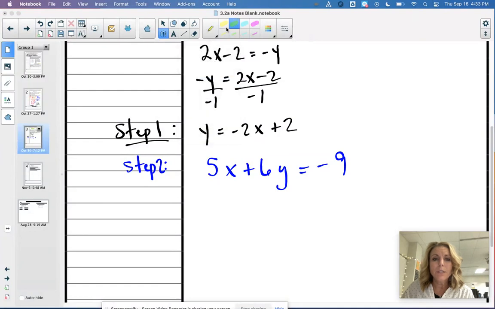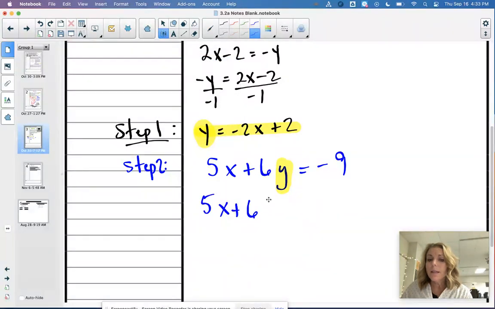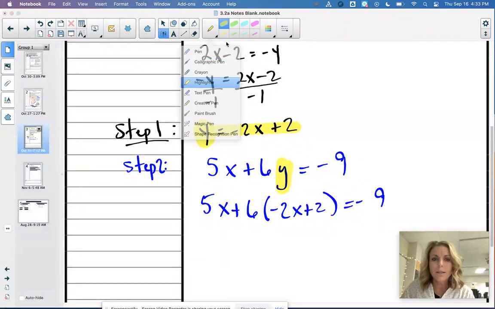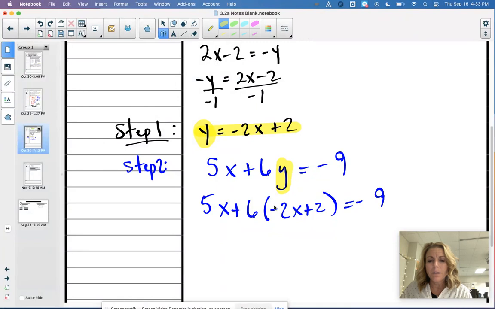I have to take this y value, and I have to plug this whole thing in for y. So I have 5x plus 6, and in place of y, I plug in the negative 2x plus 2. That's what y is equal to.